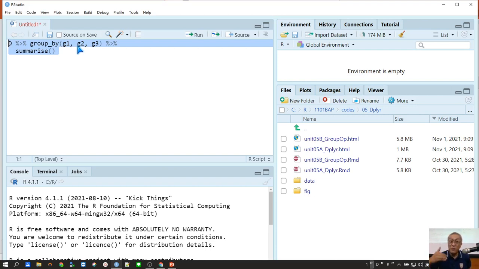So when you group by many variables, the summarize would only remove the very last group by. And after this summarize, the outcome will still be grouped by G1 and G2. If for some reason you don't need it, then you have to do ungroup. After the ungroup, the group structure of G1 and G2 will be removed.